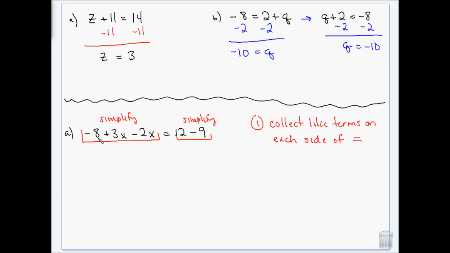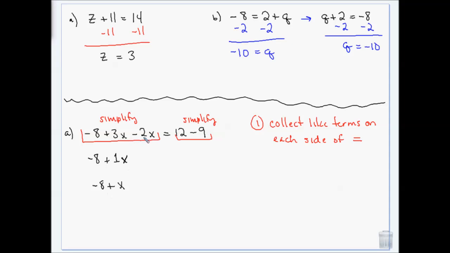So I have negative 8, 3x, and 2x. Negative 8 doesn't have any like terms, so I'm going to bring that down. 3x minus 2x is 1x, or you can just write x, like that. Okay, how do you know the difference between a negative 2 or a minus 2?